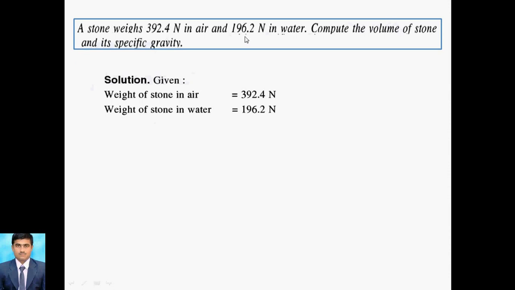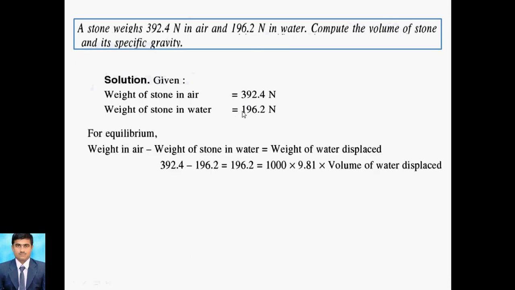So the weight of the stone in air is 392.4, and the weight of the stone in water is 196.2. Now as we know the equilibrium condition, weight in air minus weight of stone in water is equal to weight of water displaced.